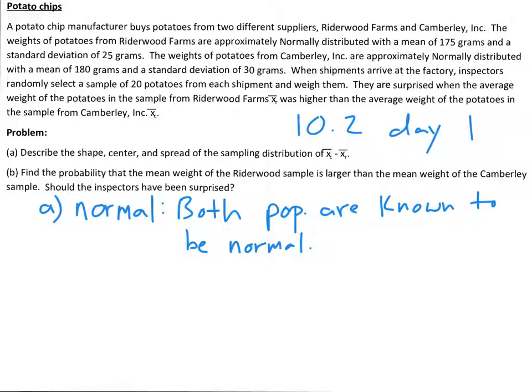Right? Sometimes it's easy to lose sight of that because you think of the rule that you can use the normal curve if your sample size is at least 30. Technically, that only comes into play if your population is not known to be normal or is known to be non-normal.